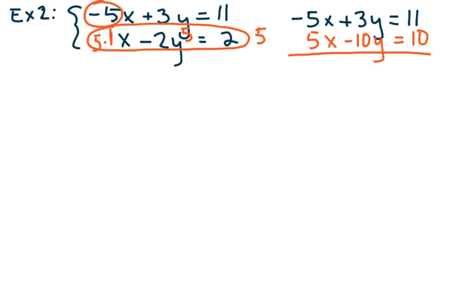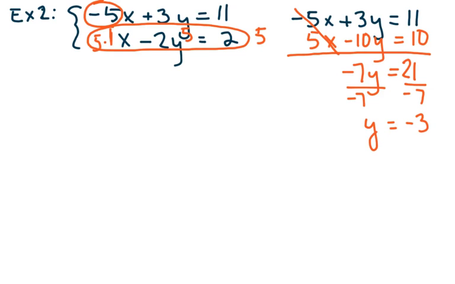When I add those, the x's go away. I have negative 7y equals 21. I'm sorry, that's 21. And then divide both sides by negative 7. So y equals negative 3.